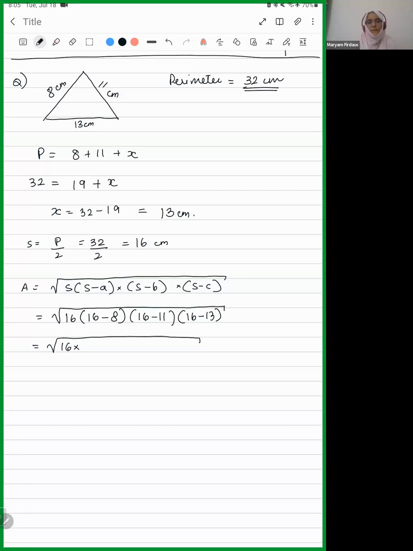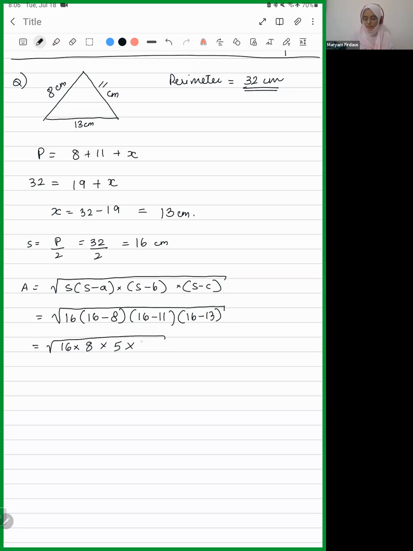Okay. So 16 minus 8, what is 16 minus 8? 8, yes. 16 minus 11 is 5. 16 minus 13 is 3.